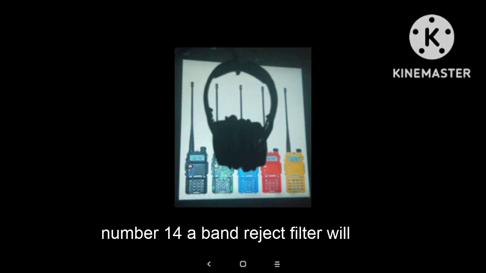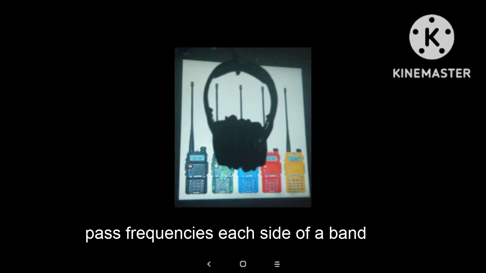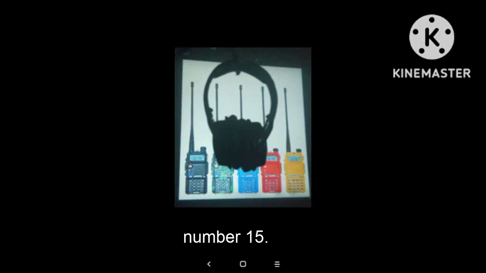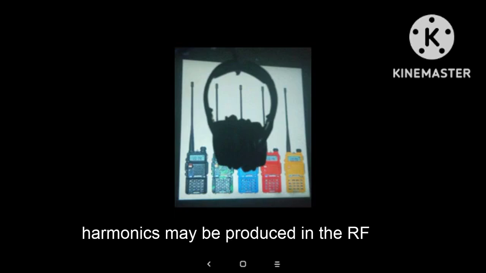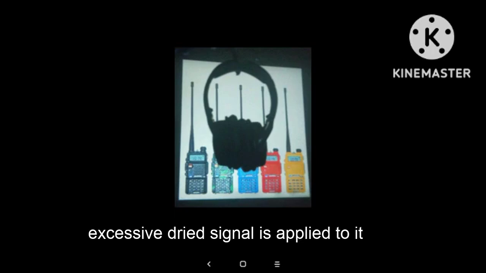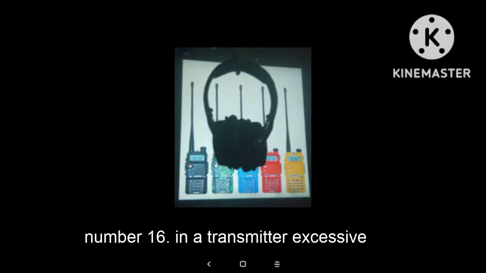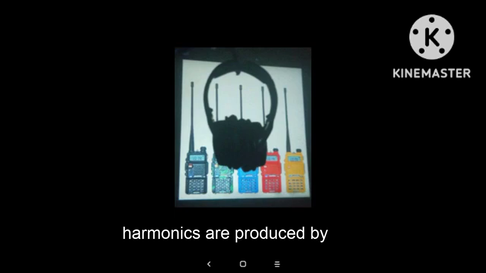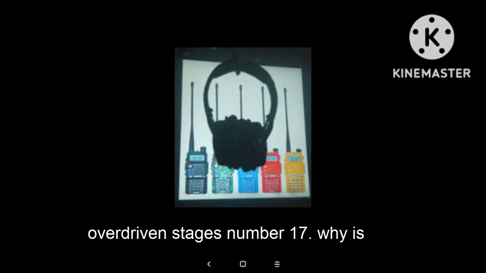A band reject filter will pass frequencies each side of a band. Number 15. Harmonics may be produced in the RF power amplifier of a transmitter if excessive drive signal is applied to it. Number 16. In a transmitter, excessive harmonics are produced by overdriven stages.